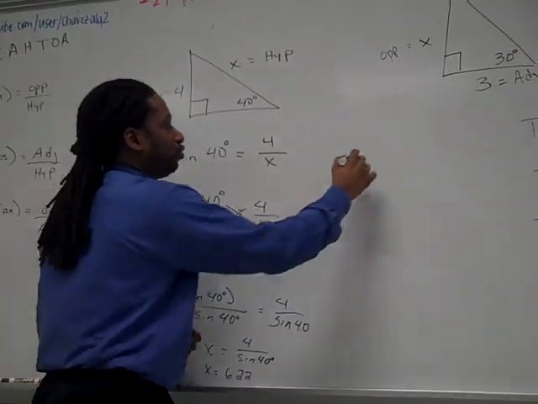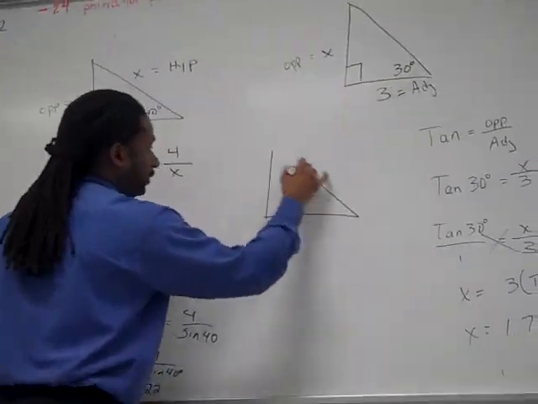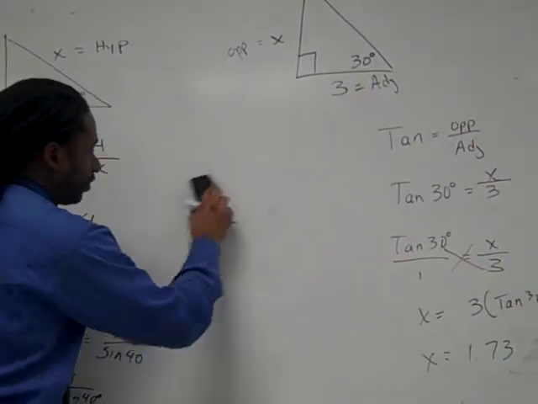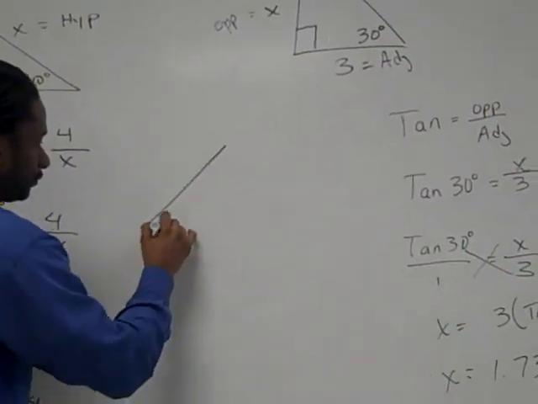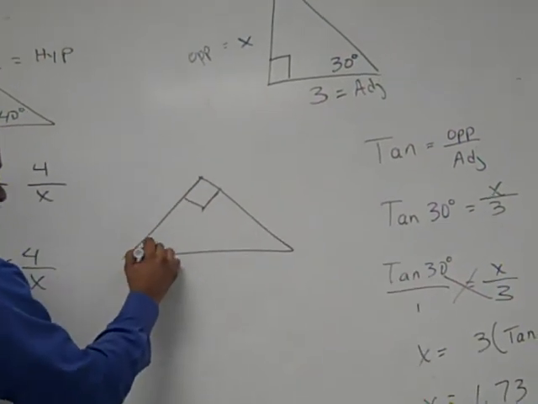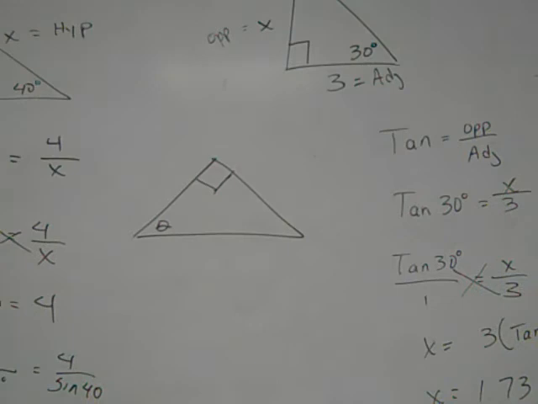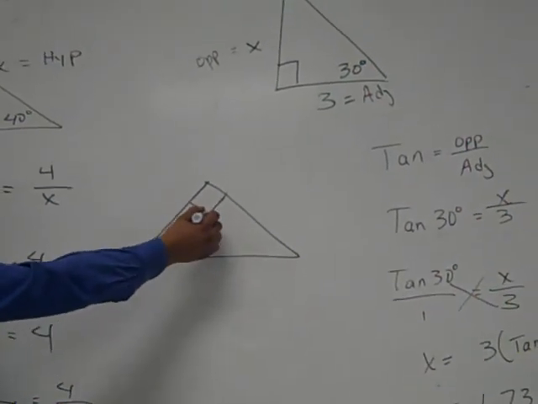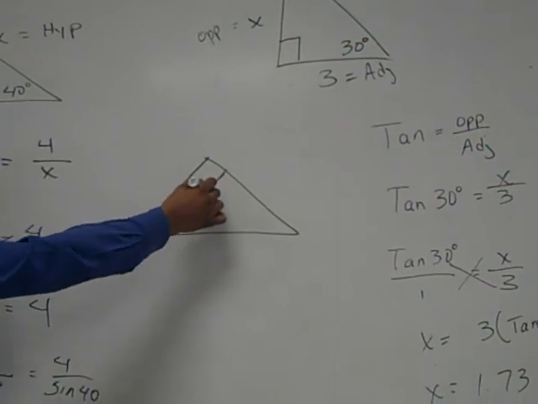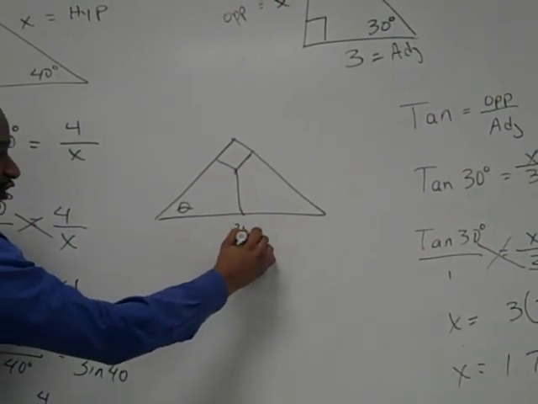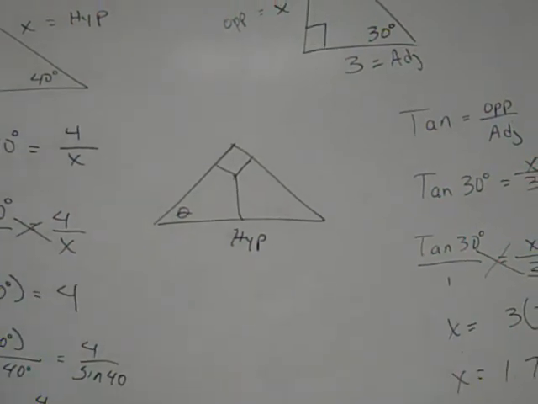Now, for those of you who get confused with what's opposite, everybody watch this. I'm going to draw it real crazy. Okay, say this is theta. Everybody look. To find my hypotenuse, go to the point in your box and go straight across. That's your hypotenuse, because your hypotenuse is always opposite your right angle, right?